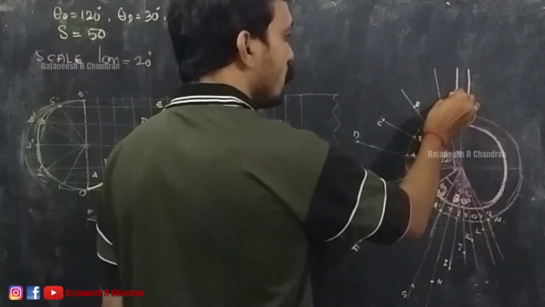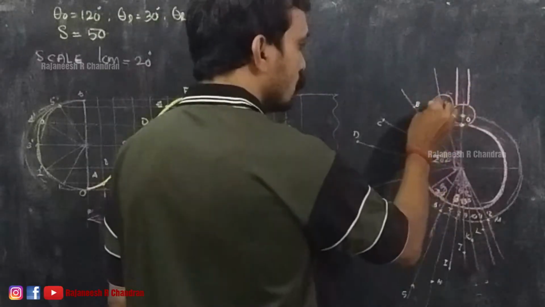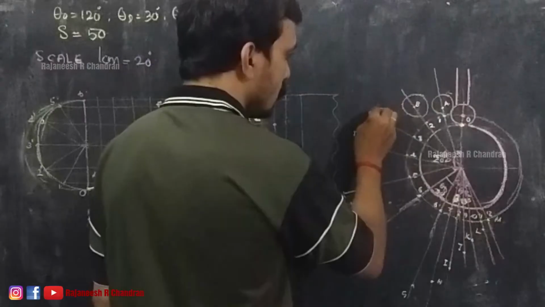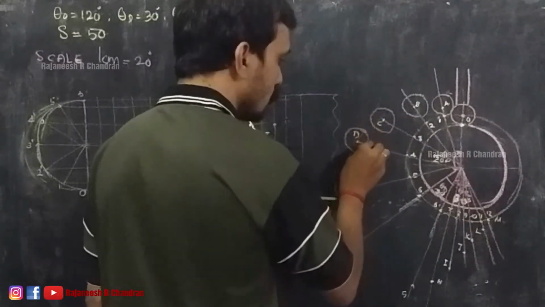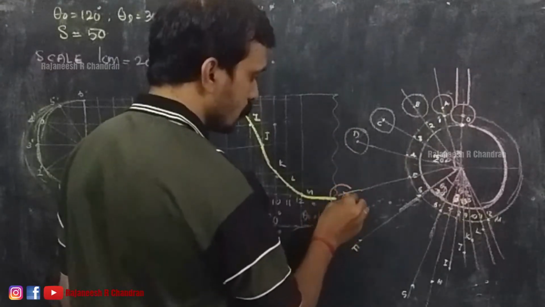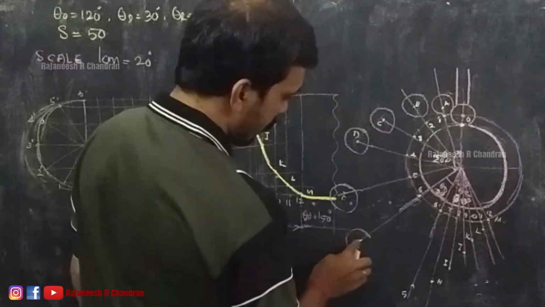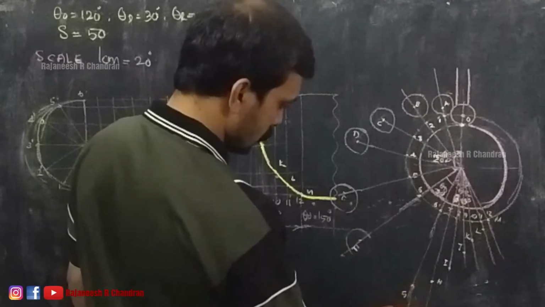So through A we can draw a roller having a diameter 20. Through B we can draw a roller. Through C we can draw a roller. Through D, draw the roller. Through E, roller. Through F, roller. F will be somewhere here. G will be somewhere here.